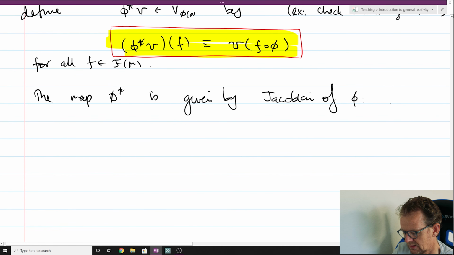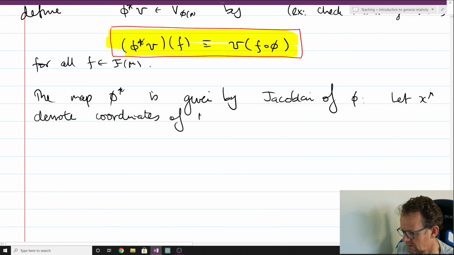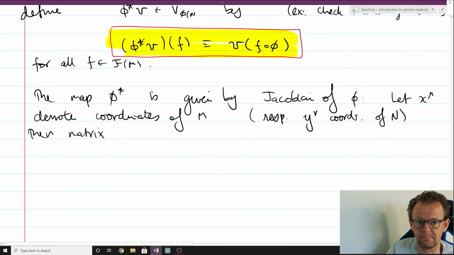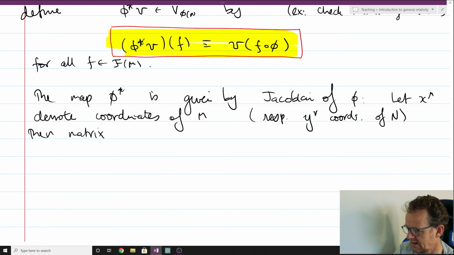If we choose a coordinate system, so if x^mu denote coordinates of M, respectively y^nu is the coordinates of N, then the matrix, because now phi star is a linear map of vector spaces, from V_p to V_phi(p), so you can write it out as a matrix in terms of a basis of both of these vector spaces.